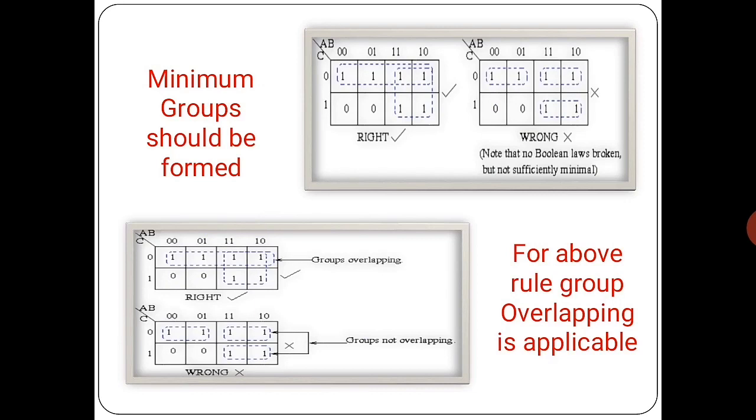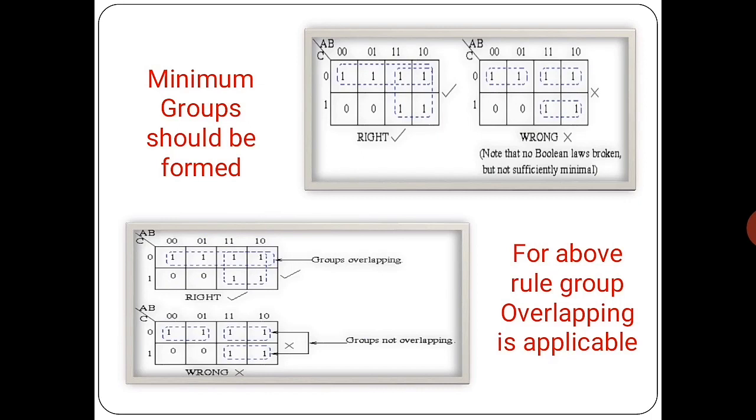The number of groups should be kept minimum. You can see the example. If we group as a quad, we get only 2 equations. If we group as pairs, we get 3 simplified Boolean equations, which is not at all acceptable. So we group the quad and get the minimum 2 groups.